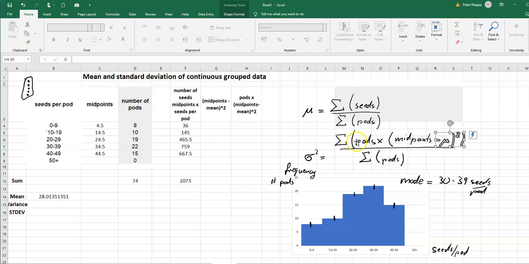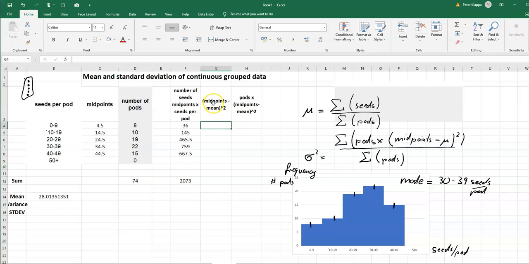So we take the number of pods, we multiply it by the difference between the midpoint and the mean. That's the mean that we just calculated. We square this difference, and as I said, multiply it with the pods, and we sum it up, and then again divide it by the number of pods. So let's do that.